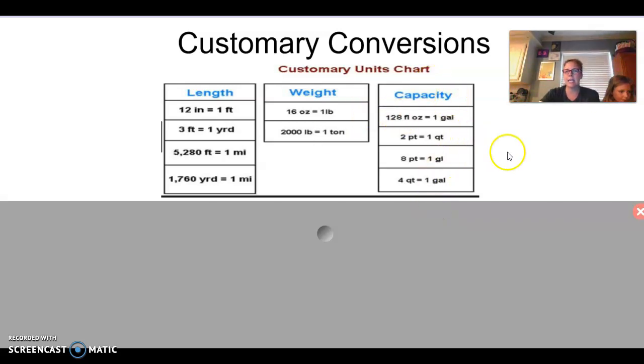And then capacity. Fluid ounces is like when you were a baby, or maybe you have a sibling that drinks a bottle, and those are in fluid ounces. So 1 gallon is a gallon of milk. This is a gallon.